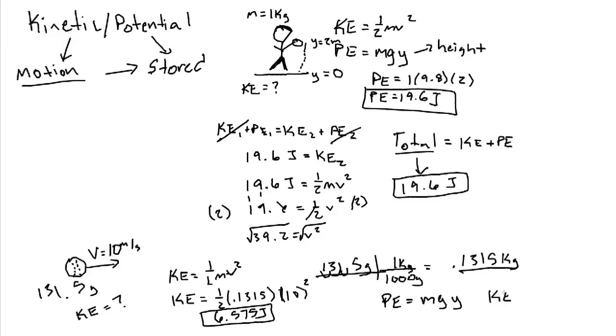If I ask you for kinetic energy, it is 1/2 mv squared. In both cases, the mass is necessary and needs to be in kilograms, and the units for potential energy and kinetic energy are both joules.